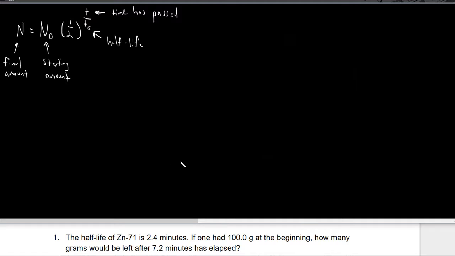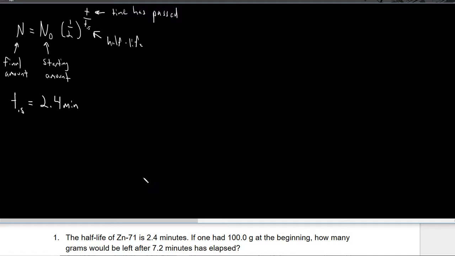All right, so my practice problem there at the bottom. The half-life of Zn71, of zinc 71, is 2.4 minutes. Okay, so right away, I already know the half-life. I know that my T.5 is equal to 2.4 minutes.